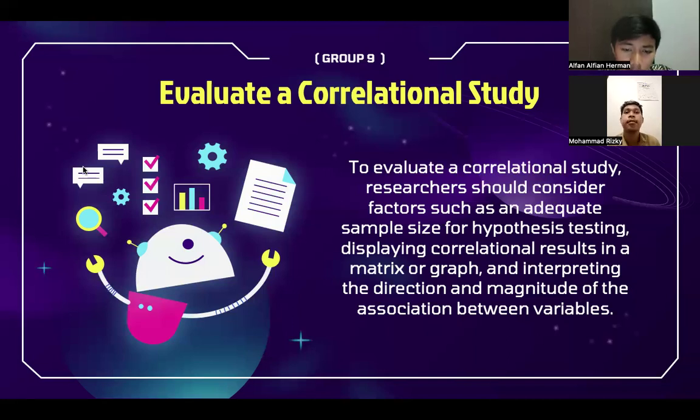Additionally, assessing the quality of data collection, analysis, and interpretation is essential in evaluating the strength and validity of a correlational study. I think that is enough for me. I hand it back to the moderator.